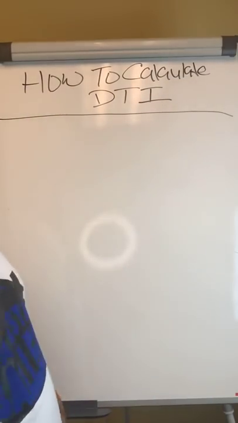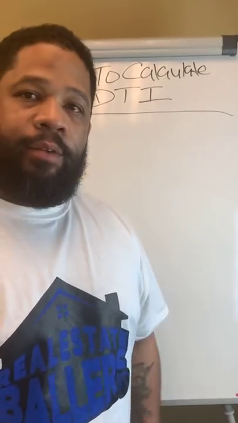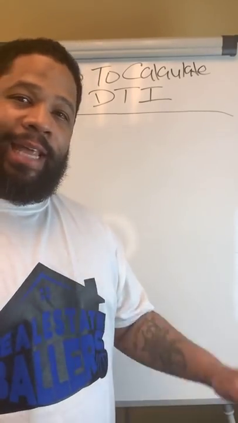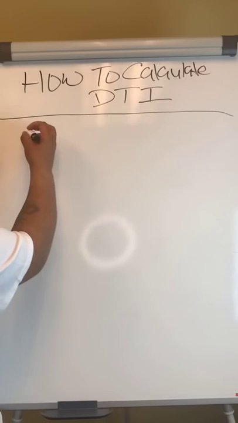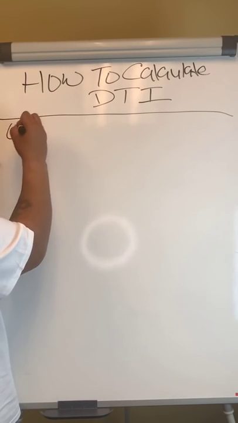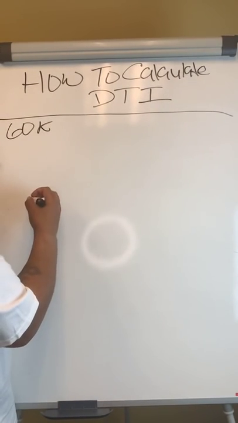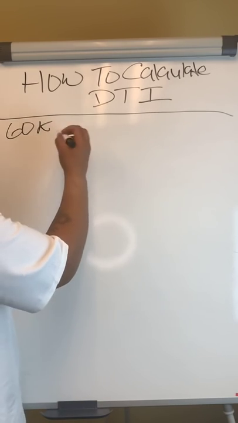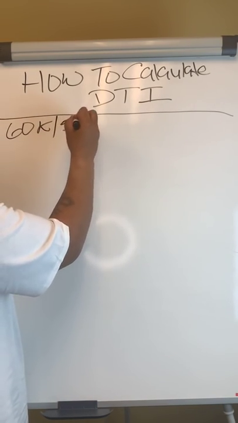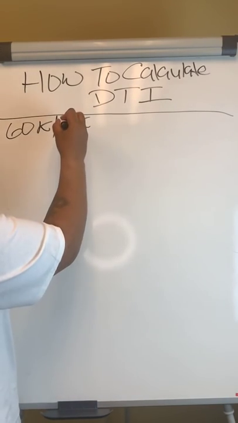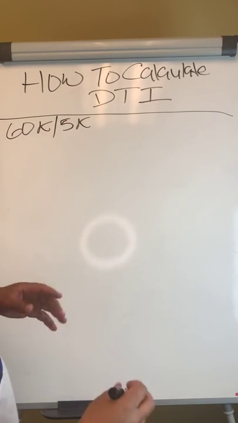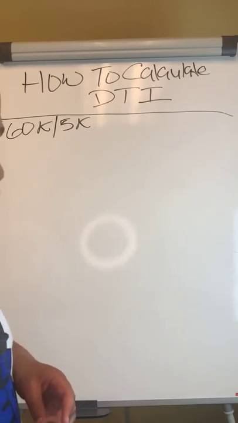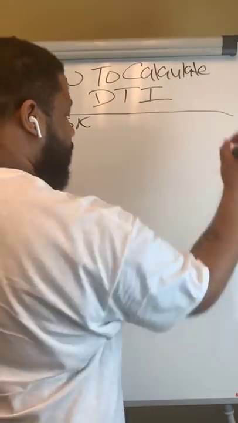Let's say you make, I'm going to use easy numbers, $60,000 a year. So if you make $60K a year, let's say that's $5K a month. So your lender's going to use that $5,000 a month.